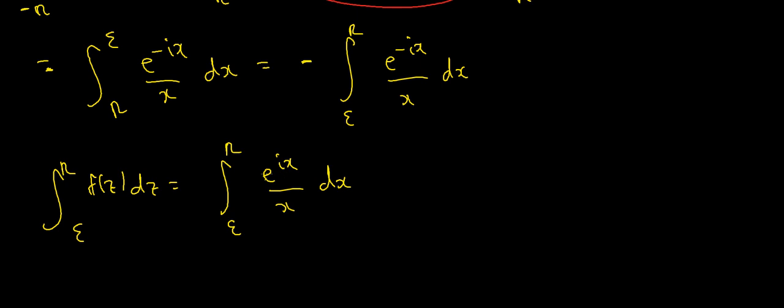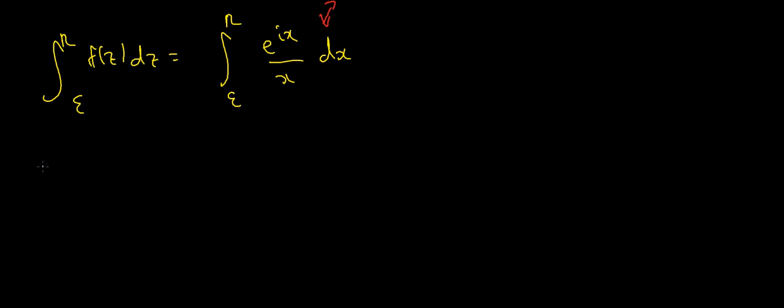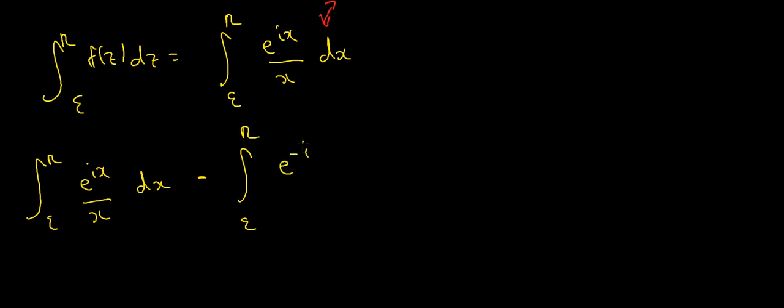So now, if this is the first integral, and this is the third integral, and I add these two integrals together, what does that give me? That's going to give me the integral from epsilon to r of e to the ix over x dx, minus the integral from epsilon to r of e to the minus ix over x dx.